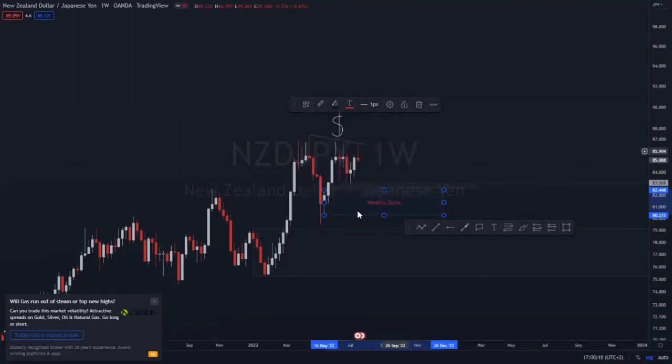That does not mean that the zone can't hold, but it means that the chances of the market going lower versus the market reversing from it are leaning more towards the market breaking the zone, right? We also have this liquidity over here in the form of a low. So you can actually buy from here, but we'll cross that bridge when we get there. For the sake of simplicity, we'll only be using this zone over here.